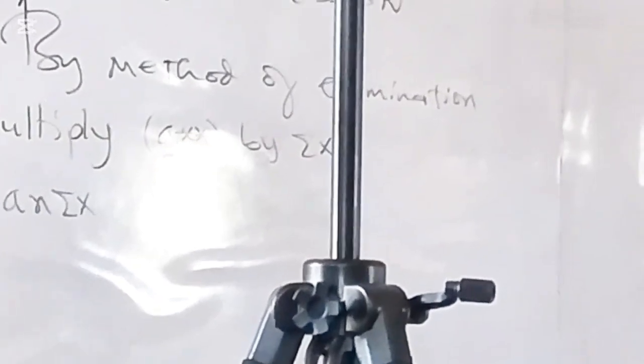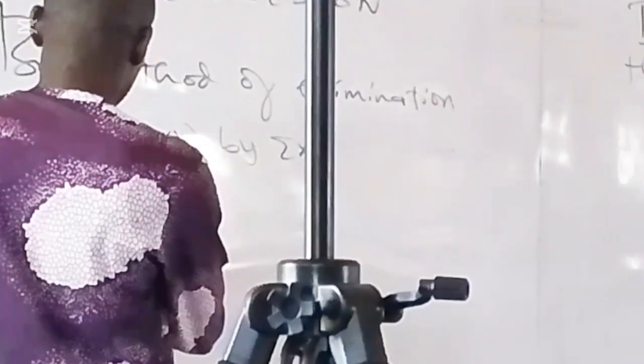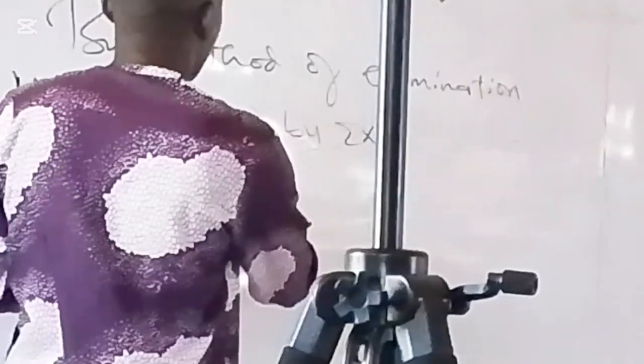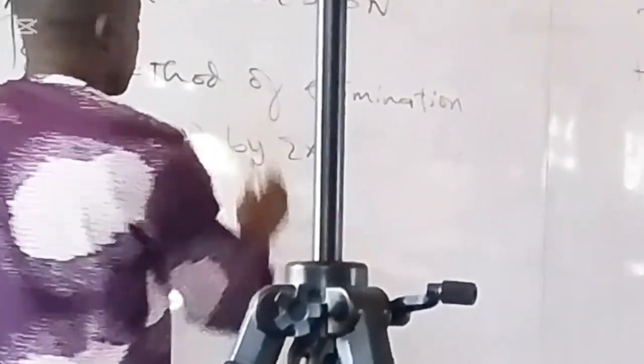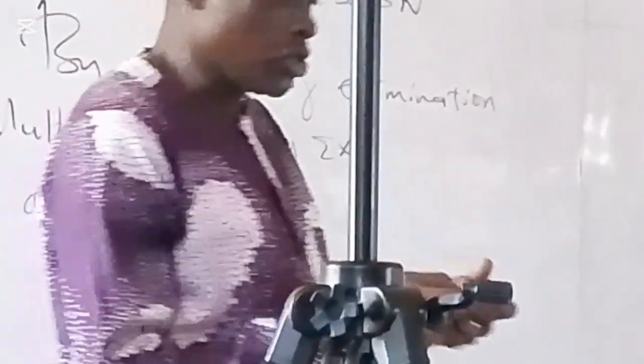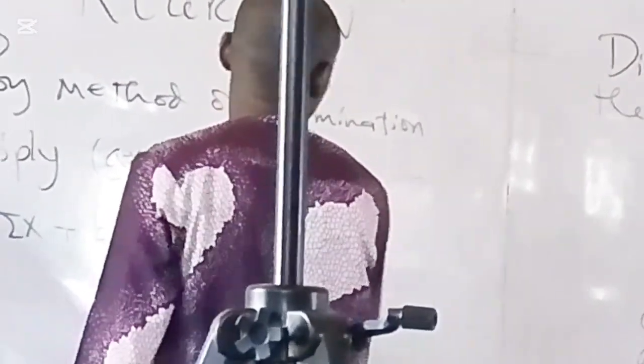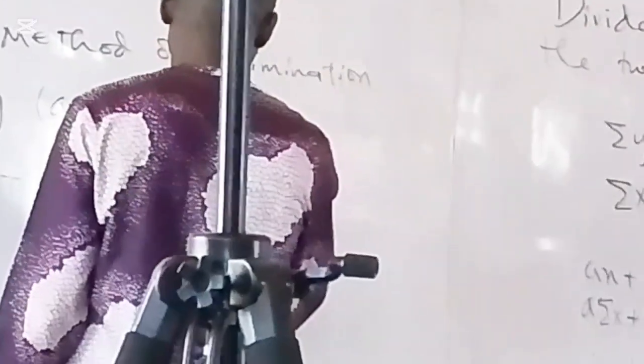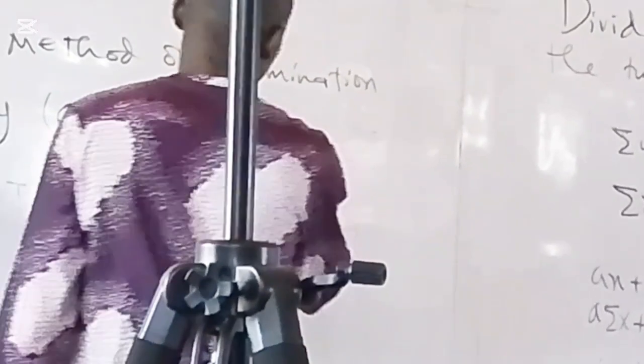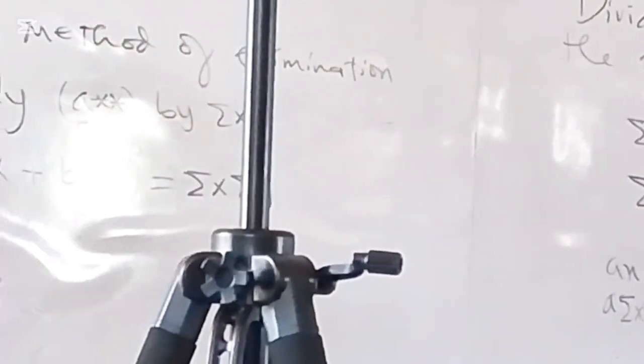We are going to get A n sum of x plus B sum of x all squared, equal to sum of x, sum of y. We call it a triple star.